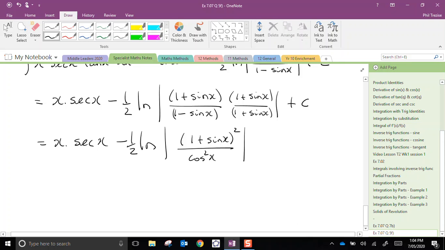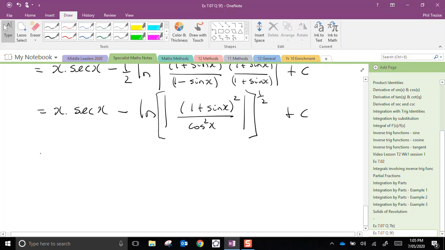But wait a minute, that's cosine squared x. Now can you see what I'm going to do with the power half? Sorry, I'll leave the negative sign where it was. I am going to put all of this in brackets and raise to the power of half. That looks like a good idea, because the numerator is a squared term and the denominator is a squared term.